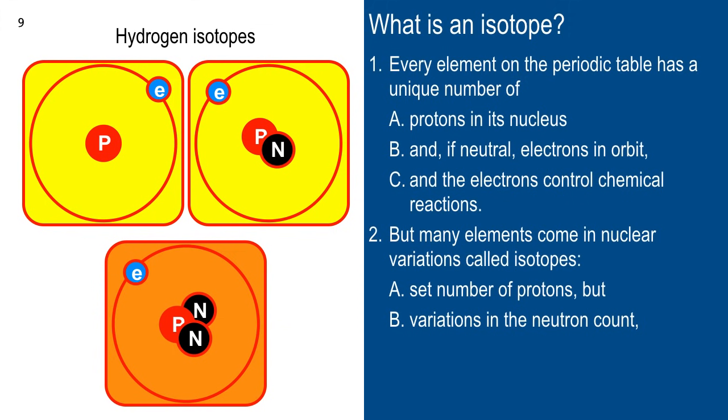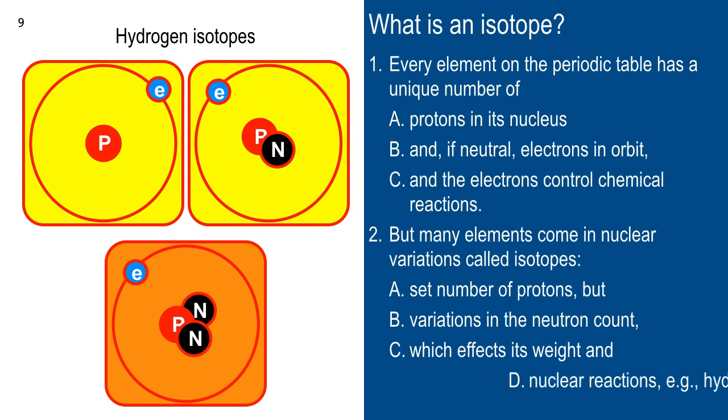Chemically speaking, it's hydrogen, but its weight is basically double. Most of the weight of an atom is in its neutrons and protons. Electrons are pretty shrimpy, so they don't really add much. Add an electron, subtract an electron, doesn't change the weight a whole lot, but add or subtract a proton or a neutron, and it changes the weight of the element quite a bit. And it also affects the nuclear reactions.